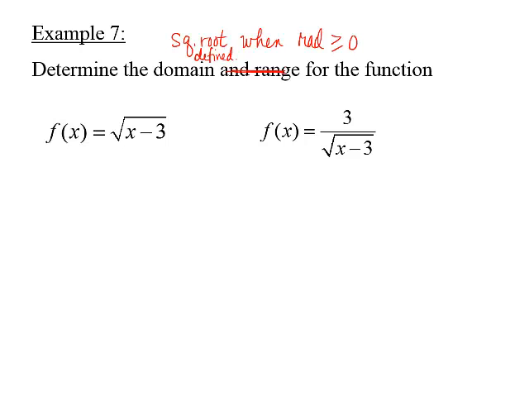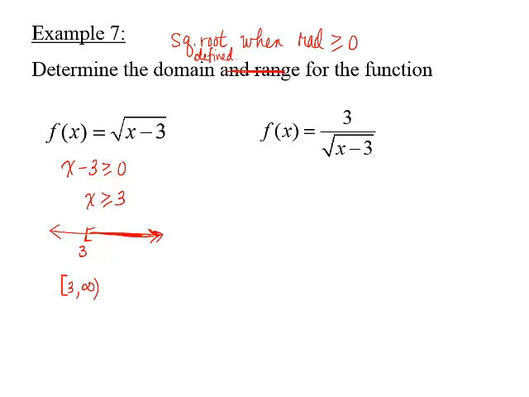So to find the domain, we have to set that radicand greater than or equal to 0. In this case, x minus 3 is greater than or equal to 0, or x is greater than or equal to 3. And that's everything to the right of 3, including 3. So the domain is 3 to infinity.